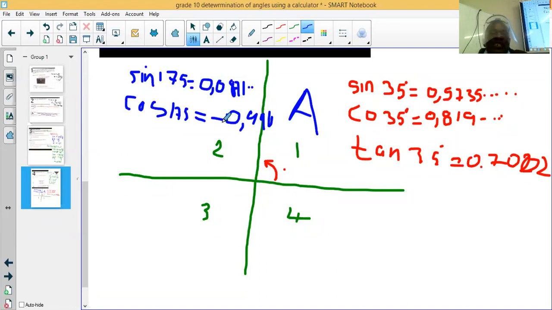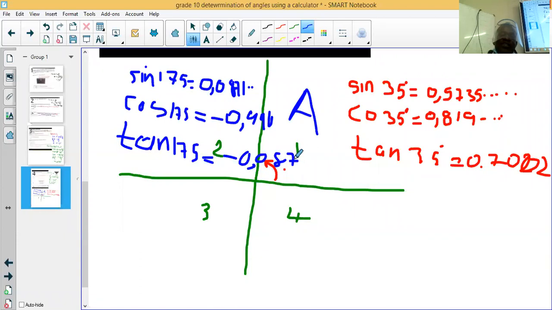Right. What sign do we have here? Negative. So cosine is negative. Let us go on to tangent. Let us use the same angle, tan 175. Right? Negative 0.087.